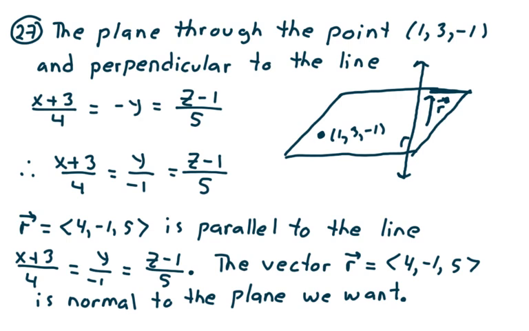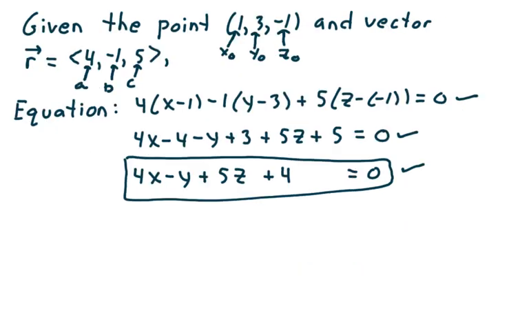That's a good thing. Given the point (1, 3, negative 1) and the vector R equal to (4, negative 1, 5), we can get the equation of the plane. The equation is 4 times (x minus 1) minus 1 times (y minus 3) plus 5 times (z minus negative 1) equals 0.